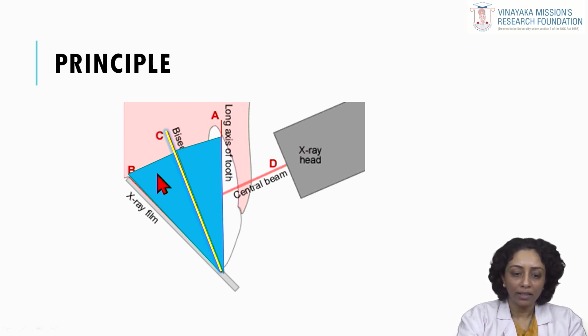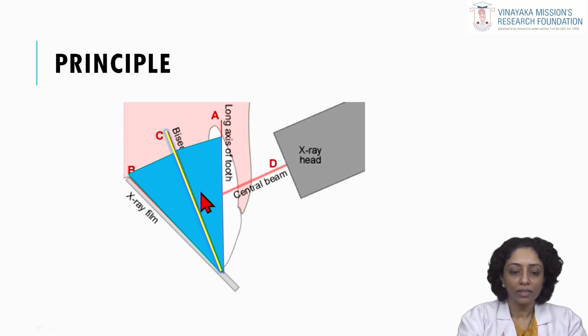For the second triangle, one side will be the hypotenuse and the other side will be the X-ray film, and the base for both these triangles will be the tip of the long axis of the tooth. So the angles formed will be congruent in this bisecting angle technique.